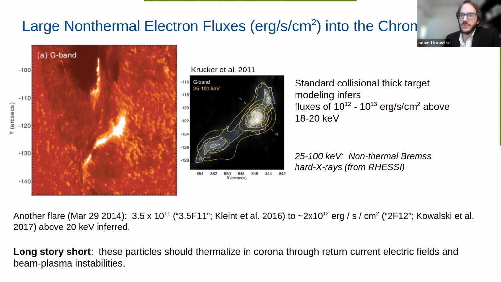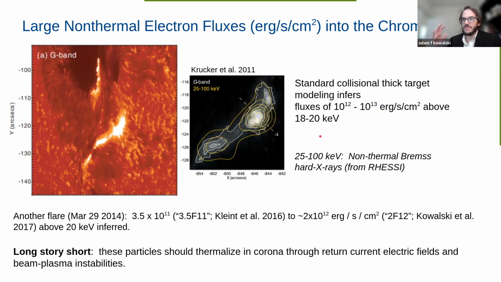for connecting the coronal energy release to the response of the lower atmosphere. So what they got were energy fluxes of 10^12 to 10^13 ergs per second per square centimeter, impacting the chromosphere in these bright kernels in the ribbons. I'm going to refer to these as F12 and F13 respectively. The electron beams have a power law distribution.